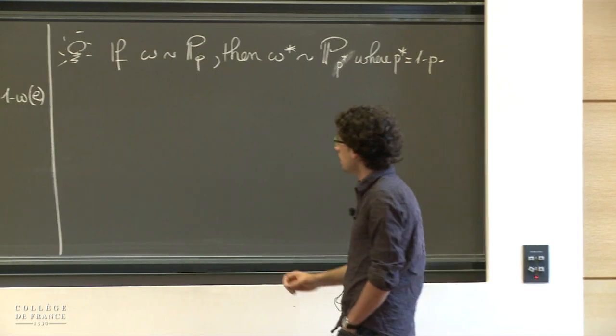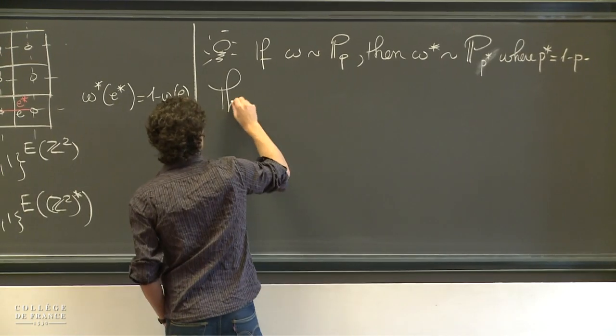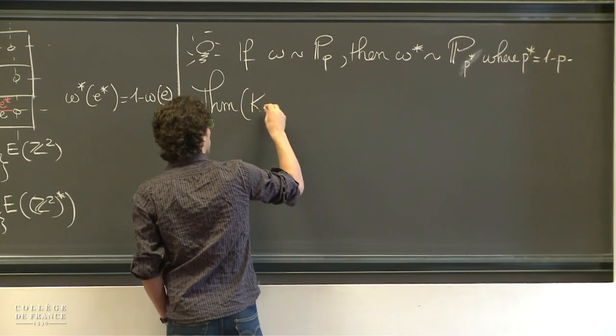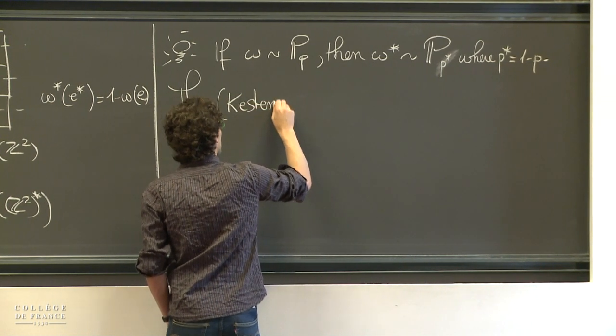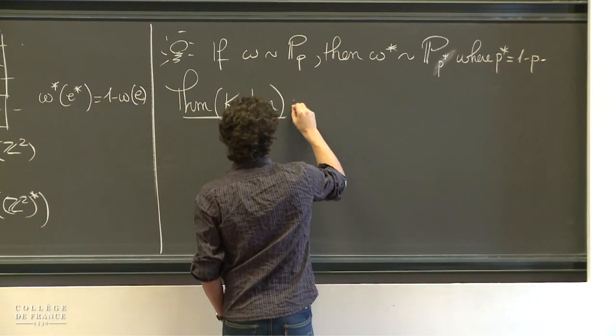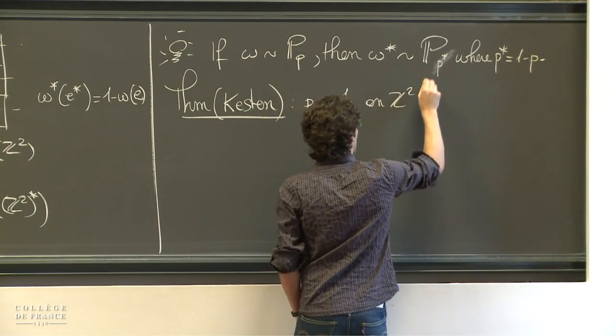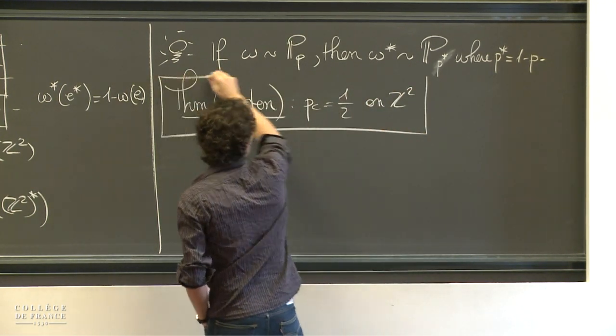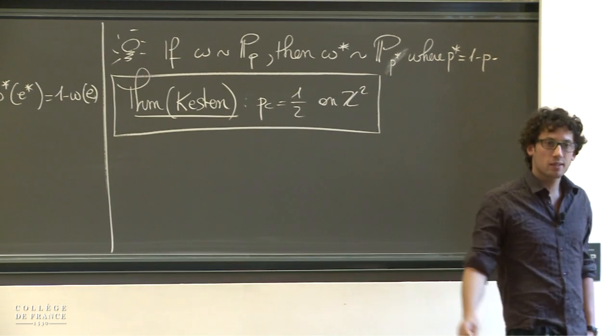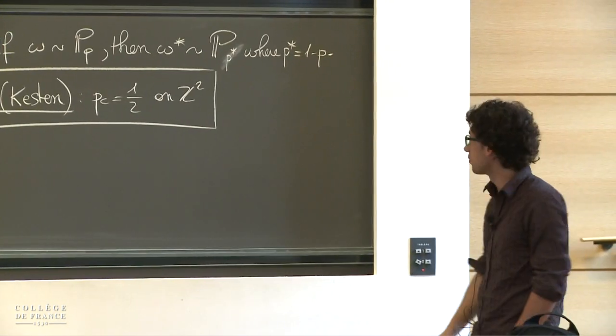And so the theorem, due to Kesten, says PC is equal to 1/2 on Z2. So indeed, this self-dual point, somehow, is the critical point. And I want to prove that.